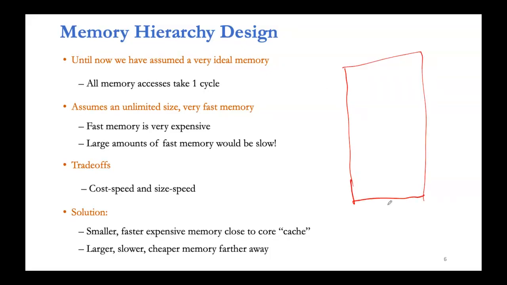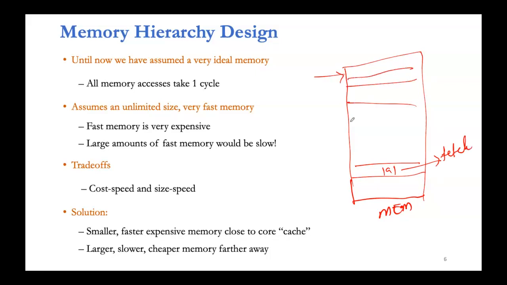Suppose you have a memory with a big size, and the data is at some location in it. When we try to fetch this data, it first has to search from the beginning, locate the data, and only after that fetch it. Locating the data takes a lot of time.